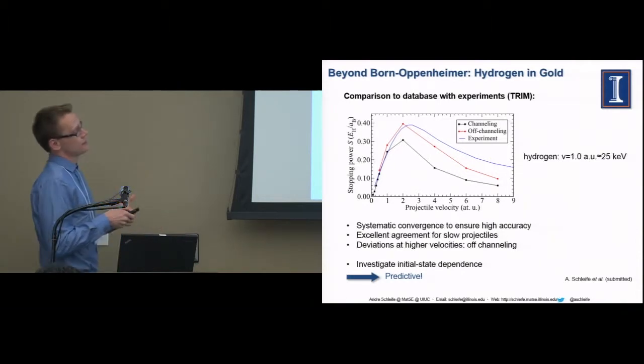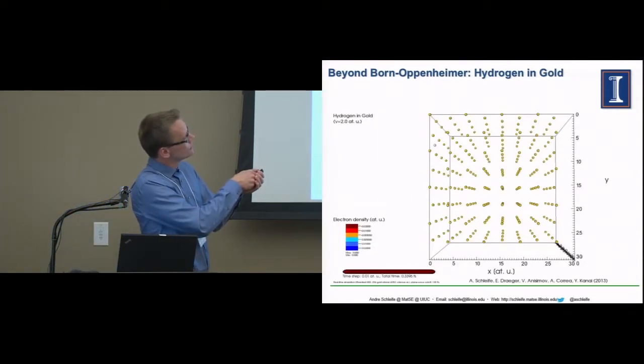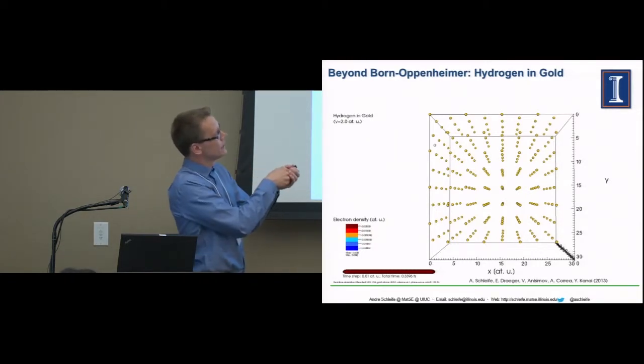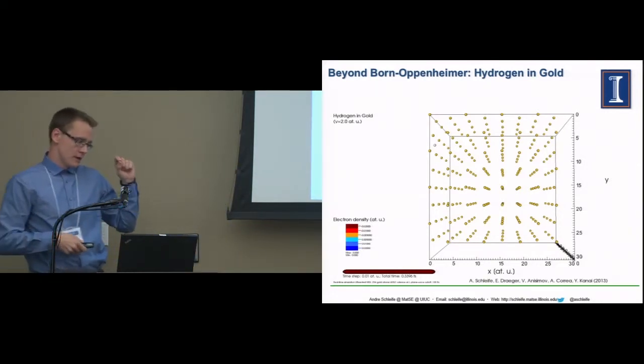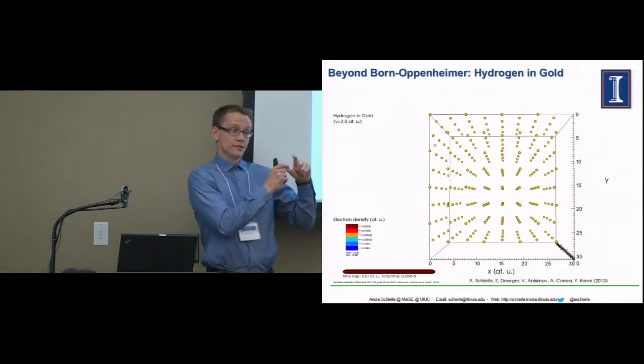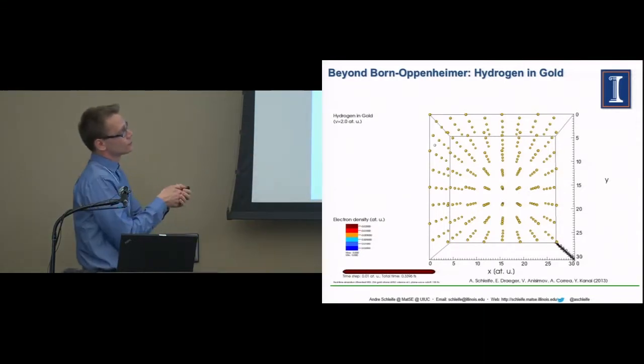The black one is a channeling trajectory, meaning the projectile moves just linearly in a channel like this, so there is a certain minimum distance that it has to some host atoms. The red curve corresponds to a random trajectory.